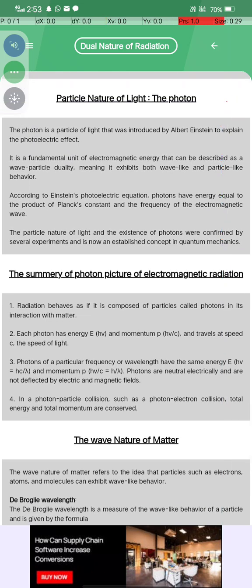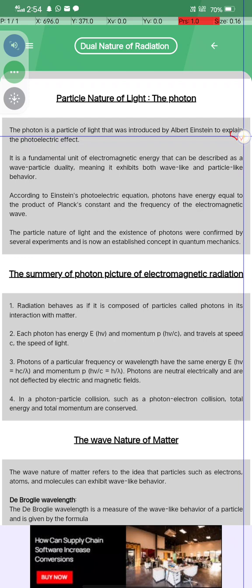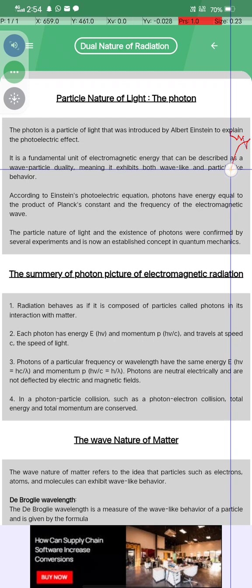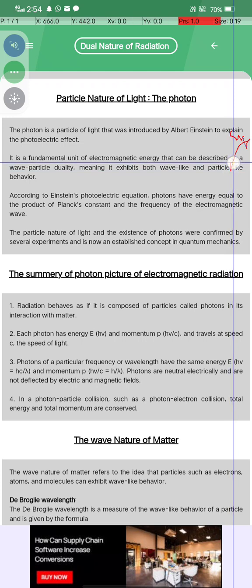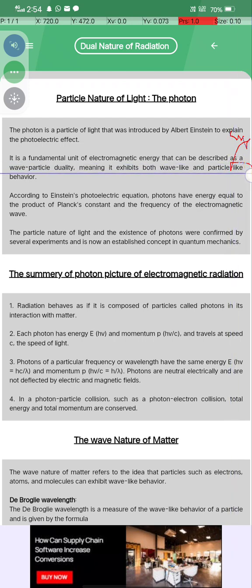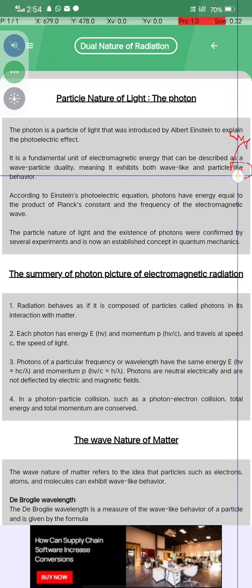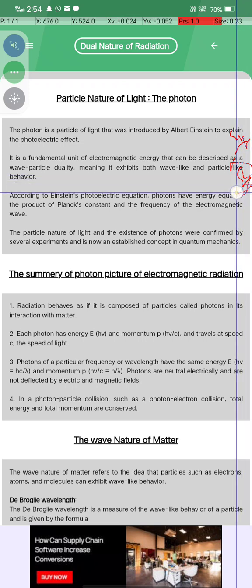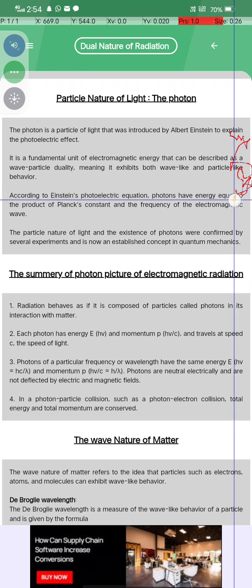Particle nature of light: photon. The photon is a particle of light that was introduced by Albert Einstein to explain the photoelectric effect, and it is a fundamental unit of electromagnetic energy that can be described by wave-particle duality, meaning it exhibits both wave-like and particle-like behavior.